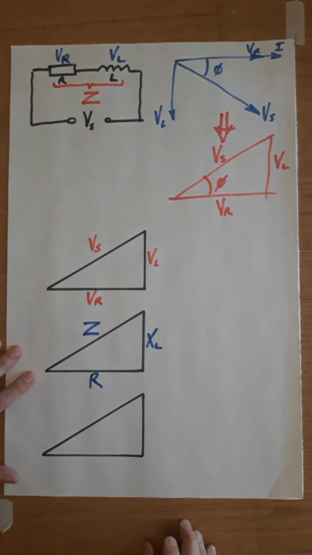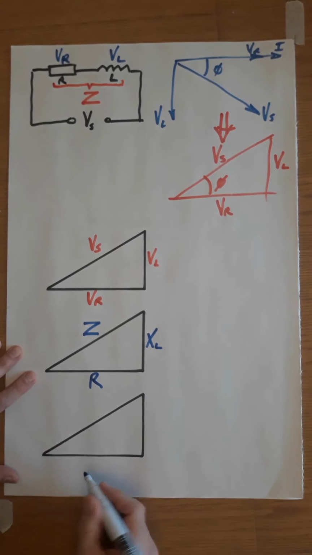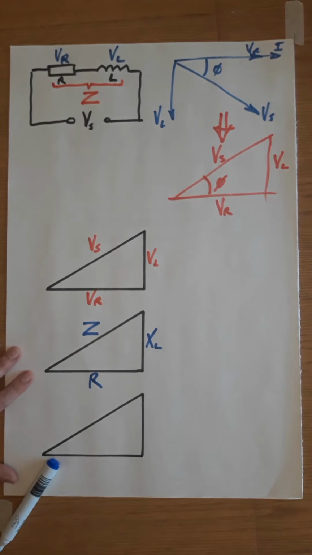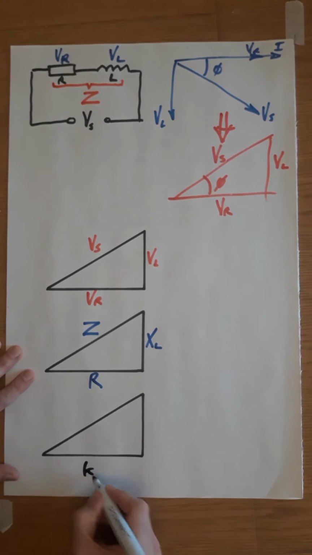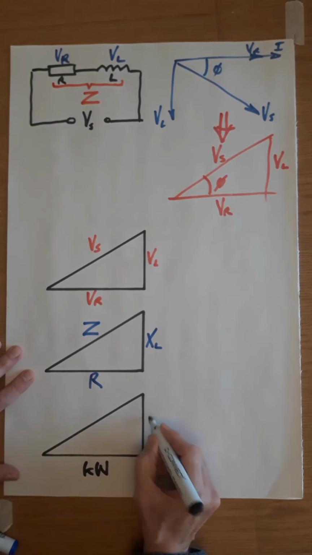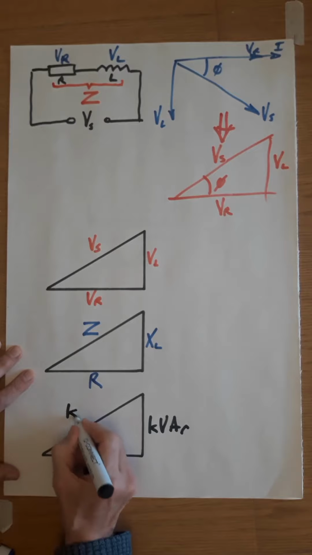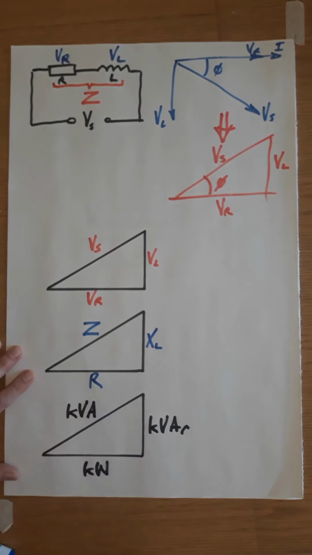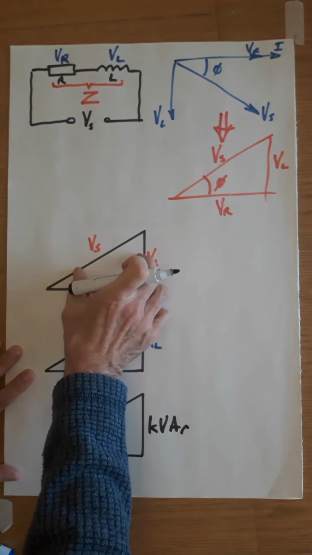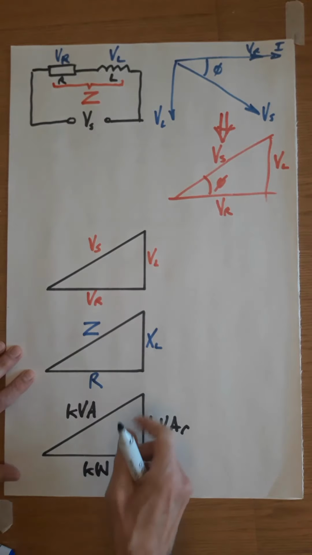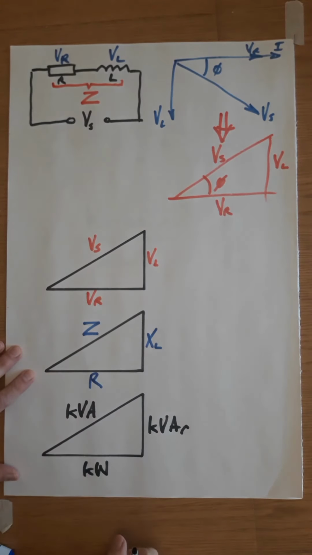For that circuit, we can produce the power triangle, and the power triangle will be kW, kVAR and kVA. So these three triangles have an identical shape but can have totally different numbers on them, but they'll give us the same answer for power factor.